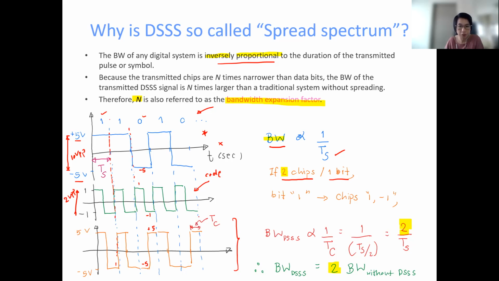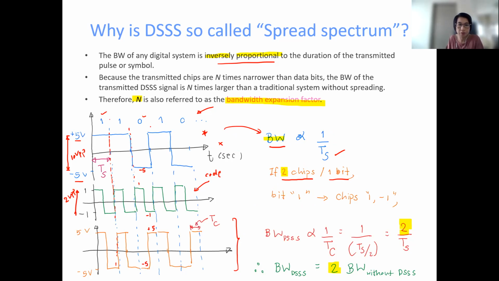You need to modulate this signal and then after that do the propagation. Then if you come back to take a look at the bandwidth here, this one you understand already, right? Bandwidth is inversely proportional to Ts, right? If there are 2 chips per 1 bit, for example, here bit 1 is represented by 1 and minus 1.